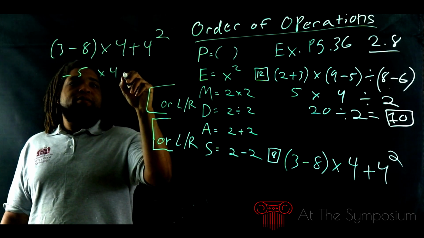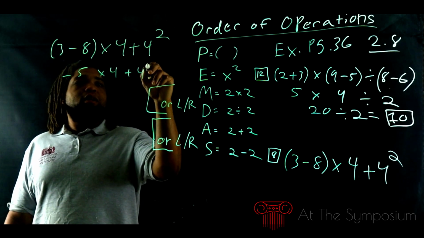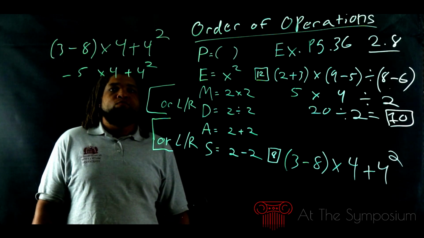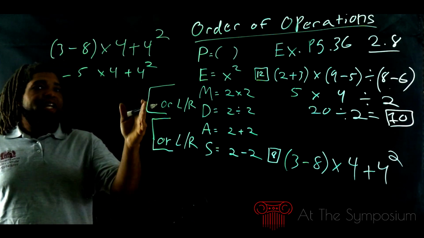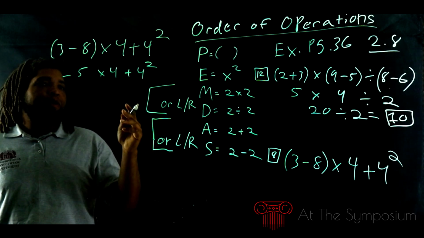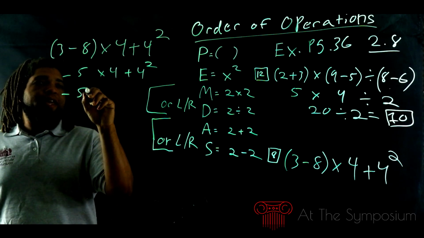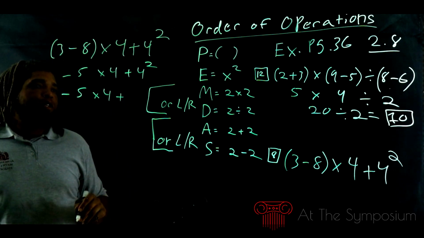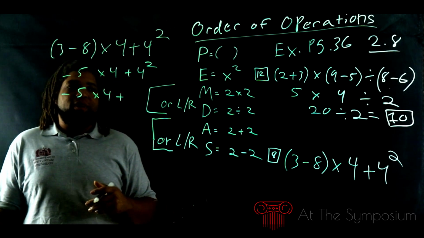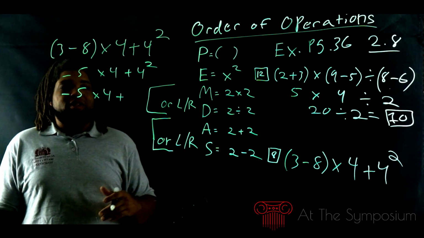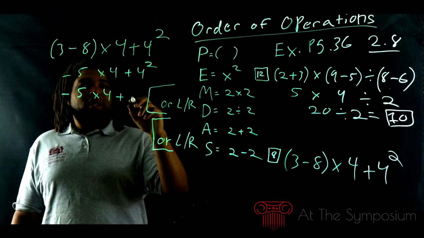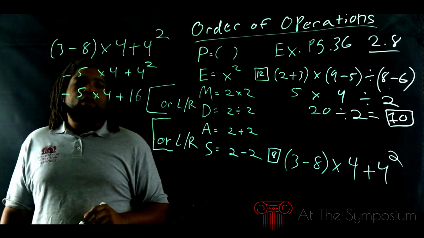Negative 5 times 4 plus 4 to the second. Now we do our exponents. We happen to have an exponent in this problem. We didn't have one in the last one, but we do now. So we're going to do negative 5 times 4 plus, what's 4 squared? Squaring a number means it's multiplied by itself. So that's 4 times 4, which is going to give us 16.